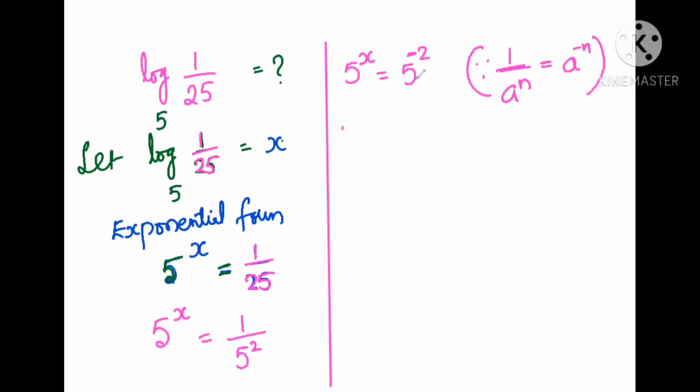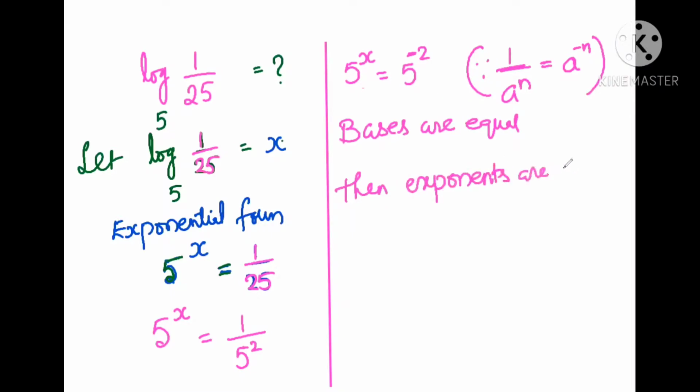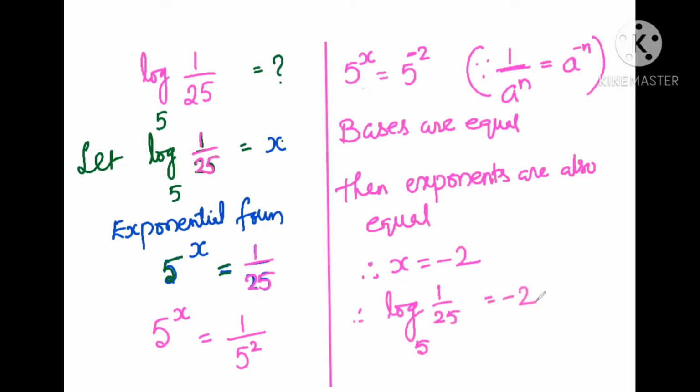Now when the bases are equal, then exponents are also equal. Therefore x is equal to minus 2. Therefore logarithm of 1 by 25 base 5 is equal to minus 2.